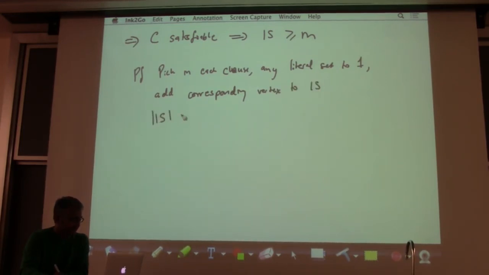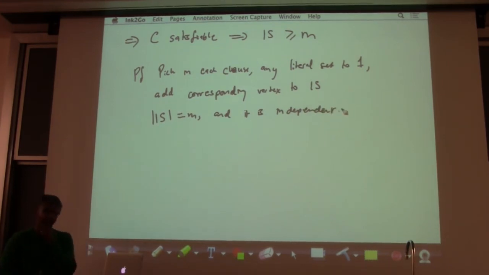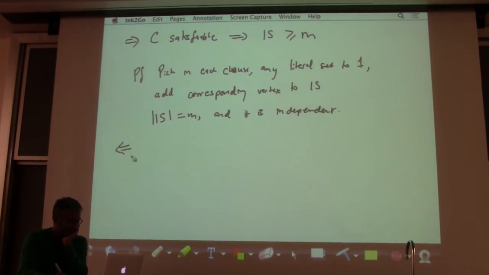The size of IS is greater than or equal to m. In fact, it's equal to m. And it is independent because of what it is. Okay, that's one side. What about the other side?